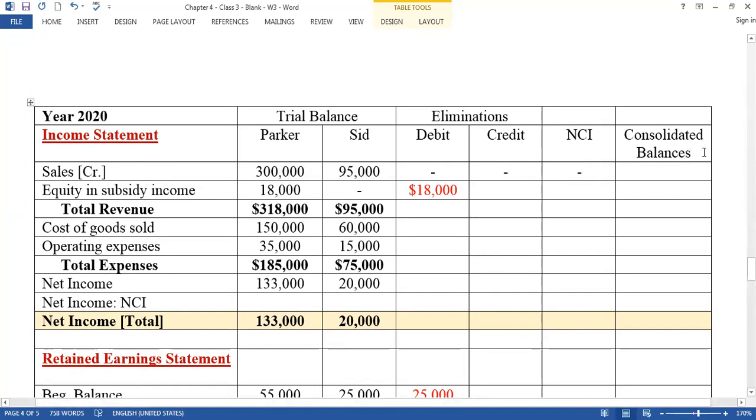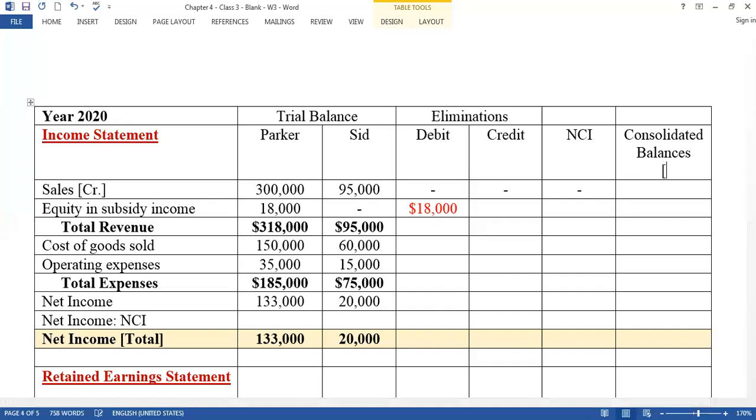So now it is P plus S. Credit and credit plus, the total number here is $395,000. So we find the revenue.